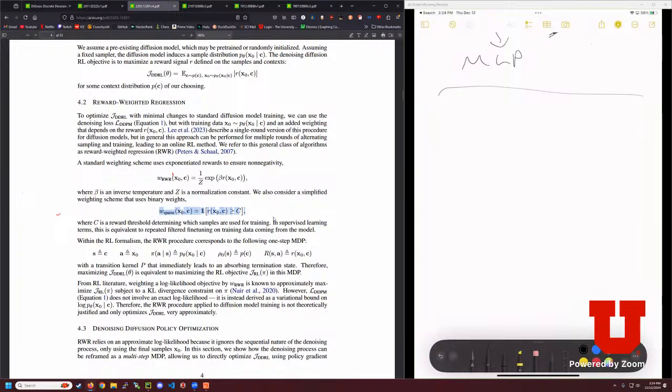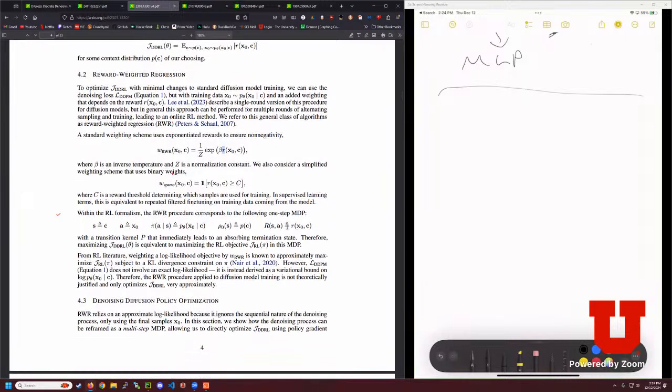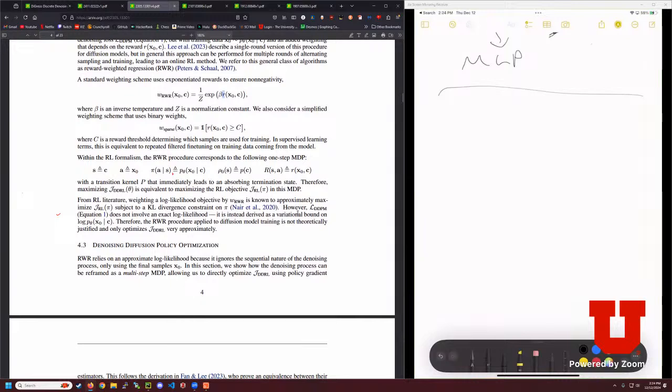Yeah, but what's R? R is a reward function. Yeah, well, how do they define the reward function? For their reward function, they're defining it as a discriminator. I see. Okay. In all their experiments, they're using a discriminator that has like an aesthetic score.